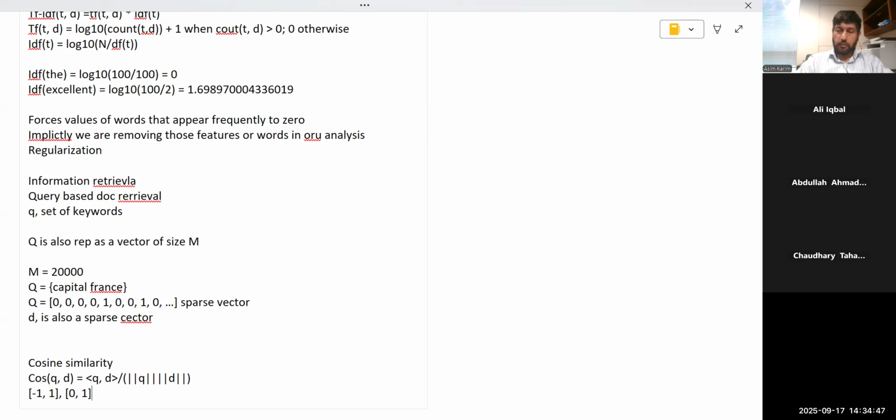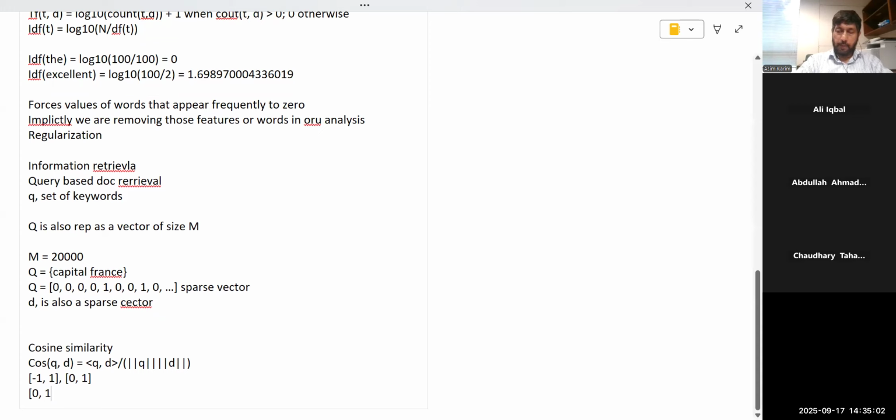This means that whenever you take the cosine similarity of Q and D, the inner product in the numerator would always be positive or zero. So in this particular case, the range would be 0 to 1. And 0 means that the two vectors are orthogonal if you represent those vectors in space, and 1 means that they are collinear.